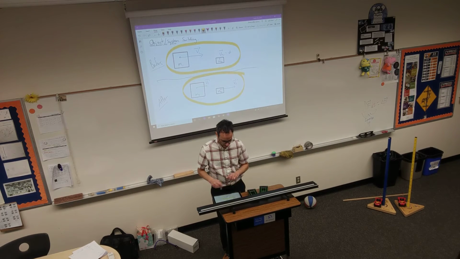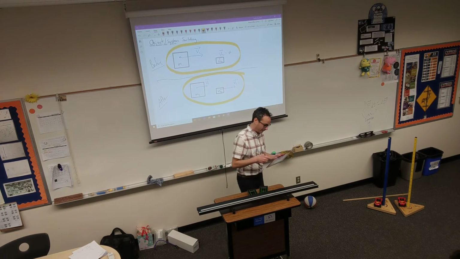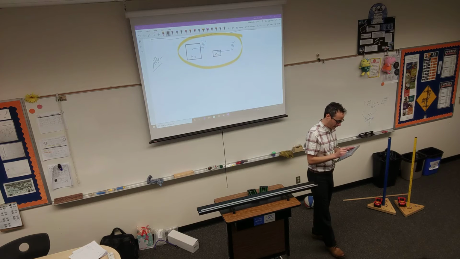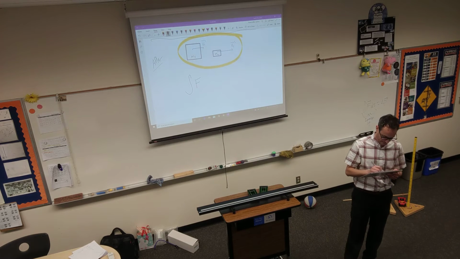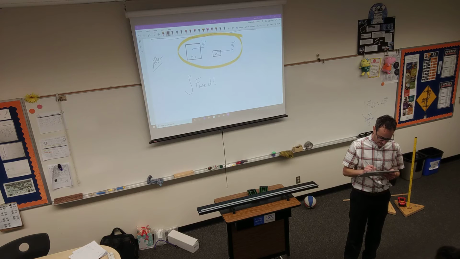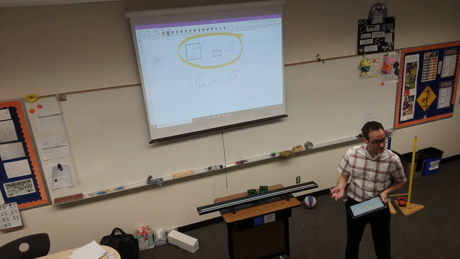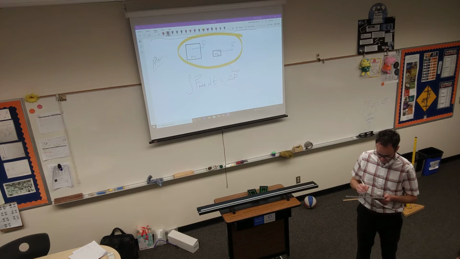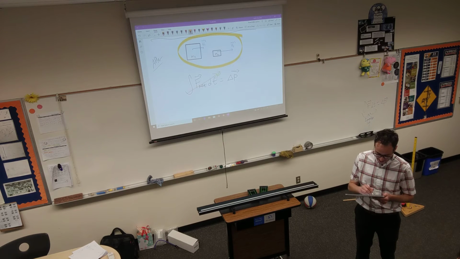If you did not know the conservation of momentum, you would go, all right, let's see. The integral of the external net force dt equals the change in momentum of my system, m v final minus m v initial. But the external net force is 0, so that goes away.